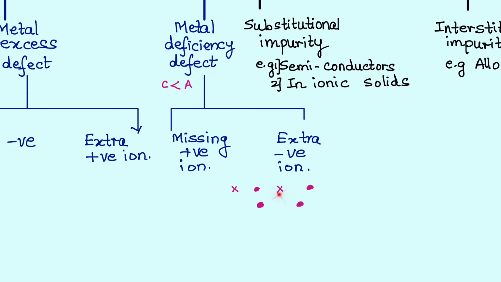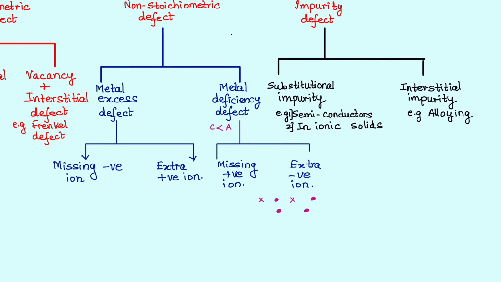Now, look at the percentage. The percentage of boys has gone down again. The percentage of girls has increased. So, the metal deficiency defect can take place in 2 possible scenarios. Either you have a missing positive ion or you have an extra negative ion.